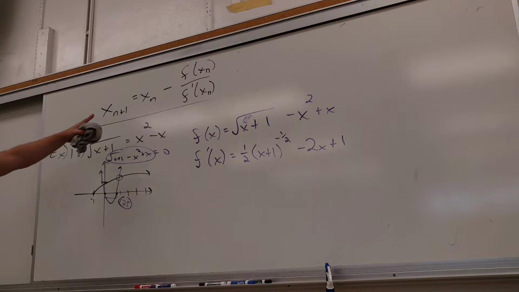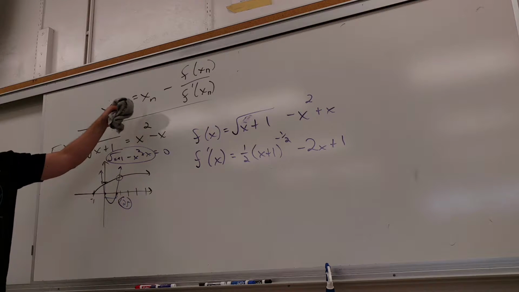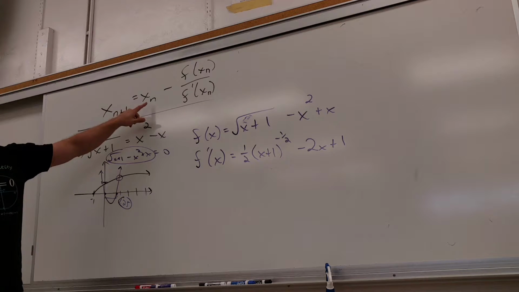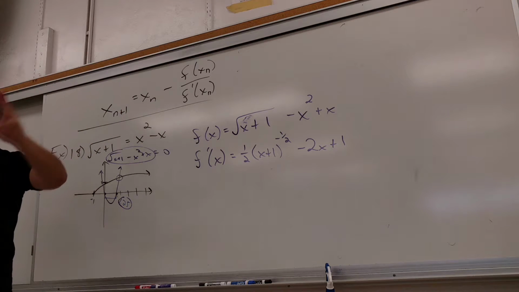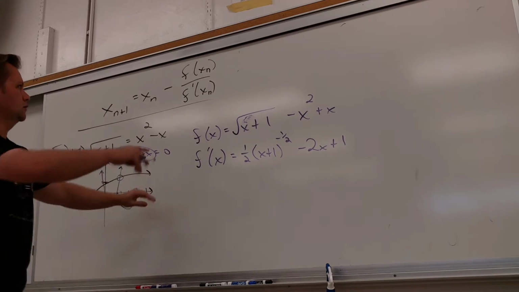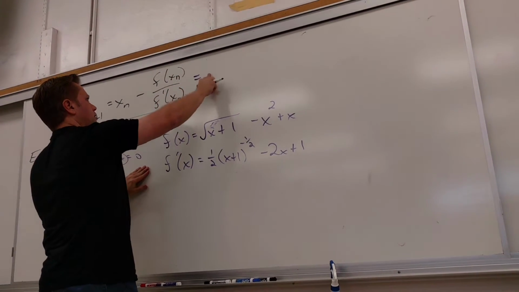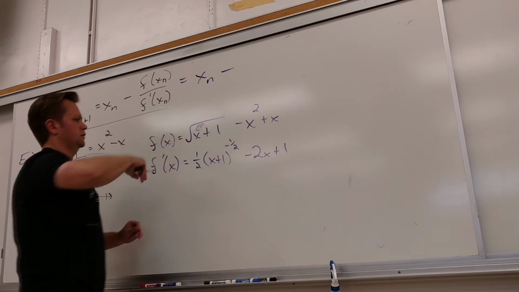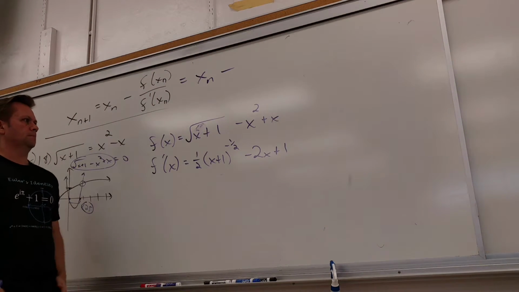Alright, guys. So how do I write? So what I'm going to do is I'm going to write this. You could even put a little ANS instead of XN, but I'm just going to use XN since it's in there. So what's this going to be? This is going to be XN minus, what goes on top?